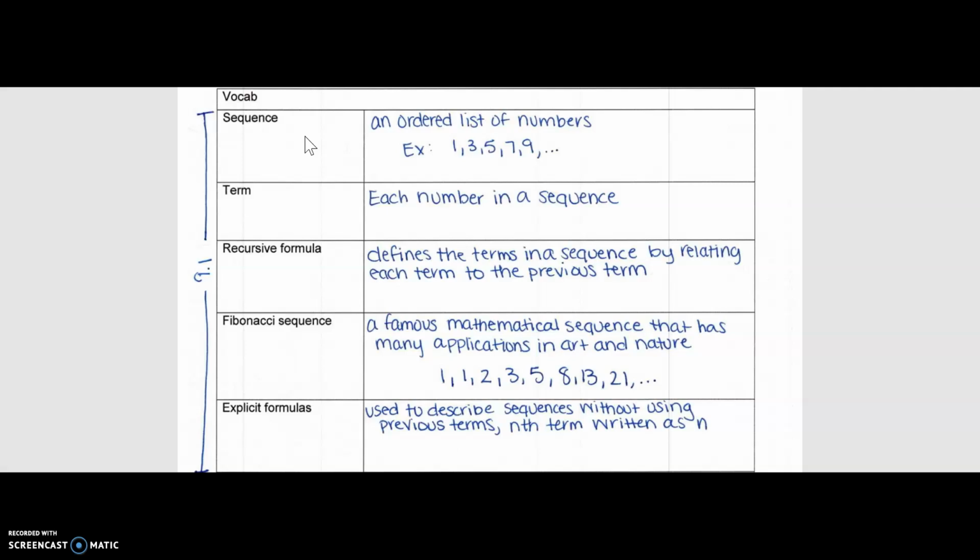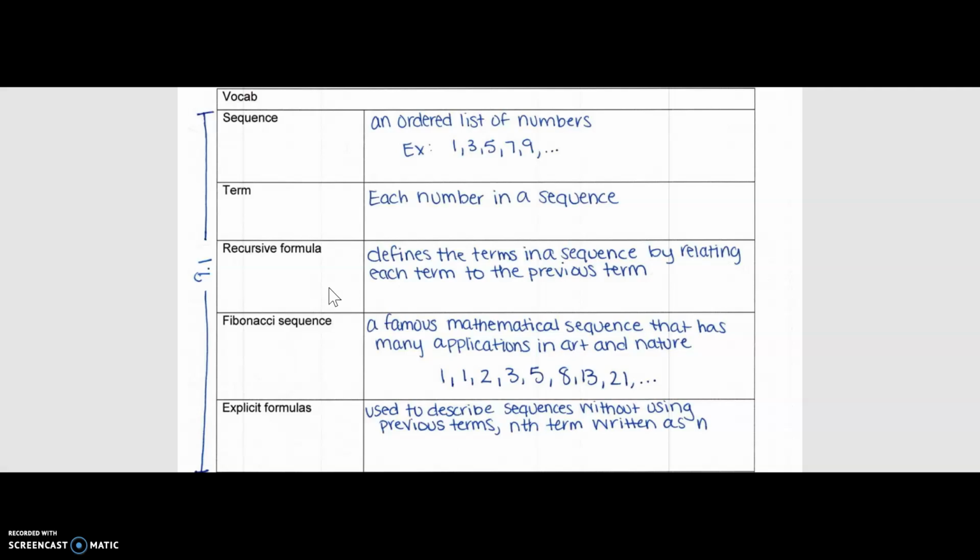And then each number here is called the term. So 1 is the first term, 3 is the second term, 5 is the third term, 7, and so on. Recursive formula is going to be one of the ways we write formulas for the rest of the chapter.